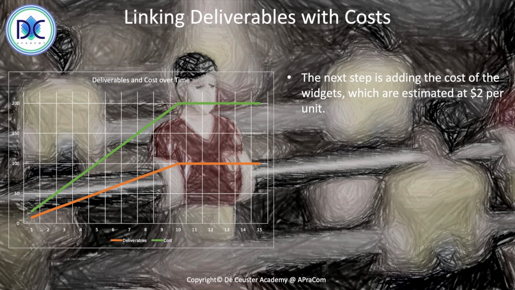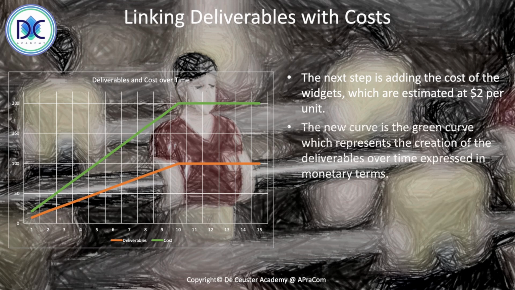And those curves are basically linked because the green curve has the cost per widget over time, and the orange curve is just about the widgets. You see that this line is basically containing two types of information. First of all, the estimated cost of the widgets and the planning of the widgets over time.